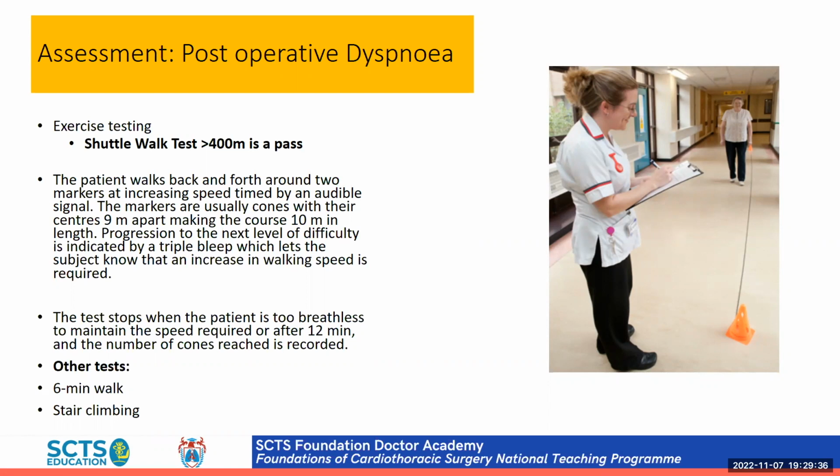If they're able to do 2 flights of stairs, most likely they will be able to tolerate a lobectomy. With 1 flight of stairs, there is a higher risk of shortness of breath after the operation, but most likely they'll be just okay and they might need a bit of oxygen. So the more stairs they are able to do, the higher the chance that they pass the test. So this is just a rough estimate.